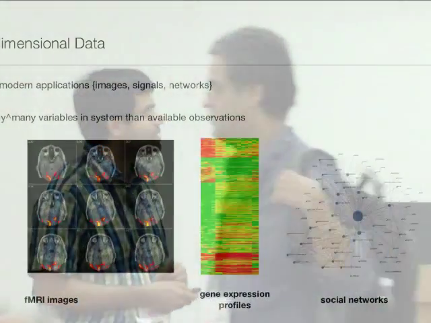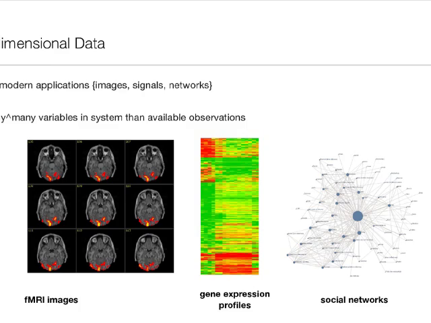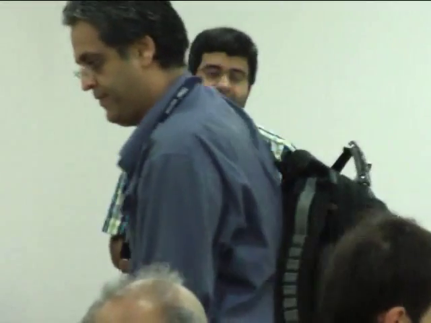Okay, so before going into what these are, let's look at the setting, the kinds of data for which you need these kinds of models. So the main principal setting of data is that of what is known as high dimensional data. So let's look at fMRI images, for instance.